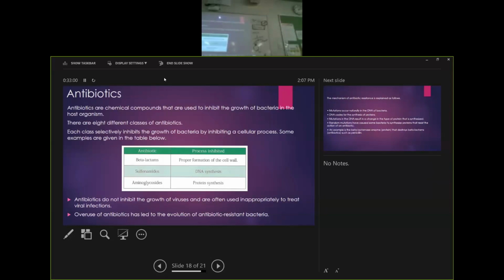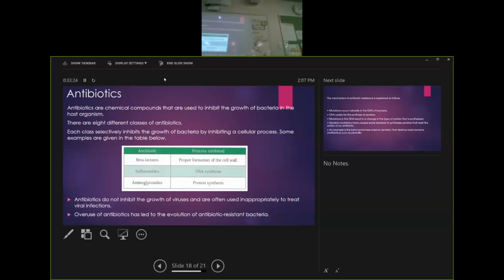So for example, beta lactams stop the cell wall from being formed. This class of antibiotics stop the DNA synthesis within bacteria. This class stops protein synthesis. So all of these antibiotics work in slightly different ways. At the end of the day, the key is to stop bacteria from growing.